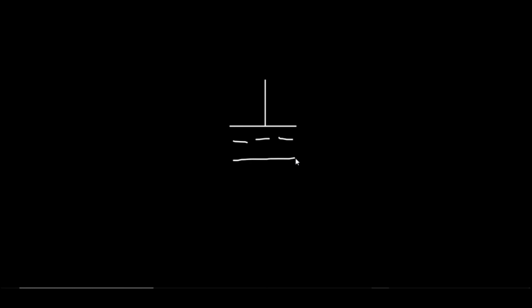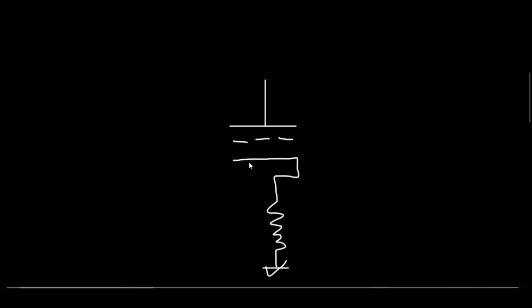A triode has 3 elements: a plate, a grid, and a cathode. We're just going to put a little resistor there to ground. That's your plate, this is your grid, and this is your cathode. The plate is typically the output, the grid is the input, and the cathode is ground.